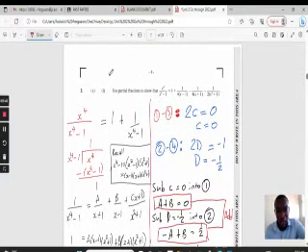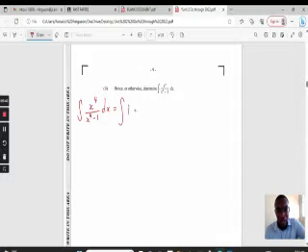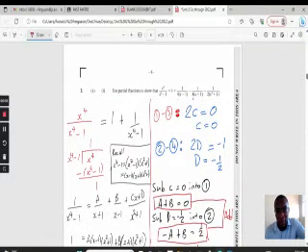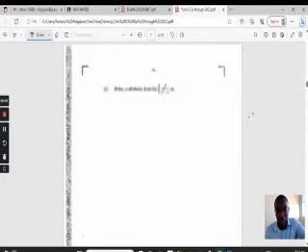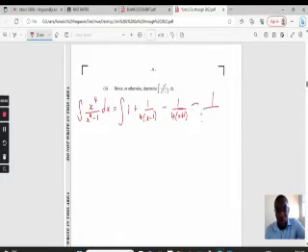So it's going to equal the integral of 1 plus 1 over 4 in bracket x minus 1 minus 1 over 4 in bracket x plus 1, then minus 1 over 2 in bracket x squared plus 1 dx.